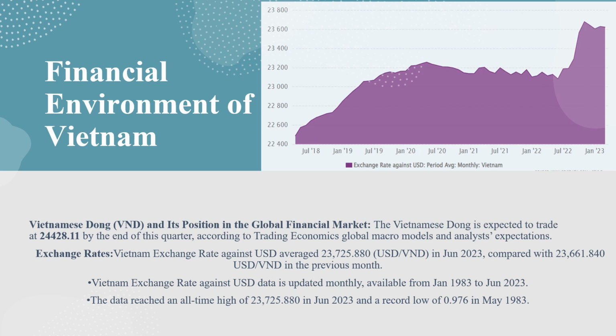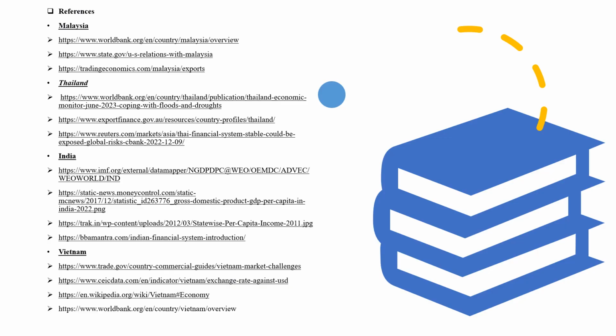The Vietnam exchange rate against the USD is updated monthly, so we can check the updated data every month. The data reached an all-time high of 23,725.880 in June 2023, and a record low of 0.6967 in May 1983.